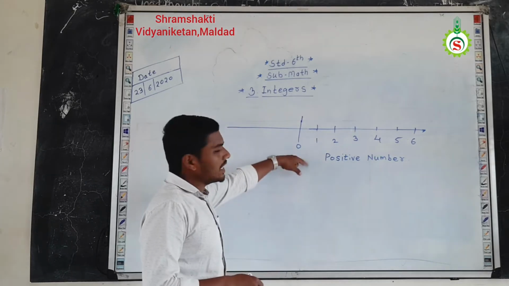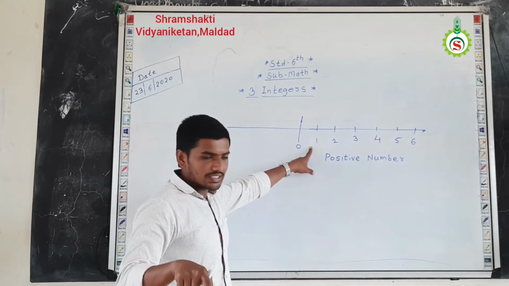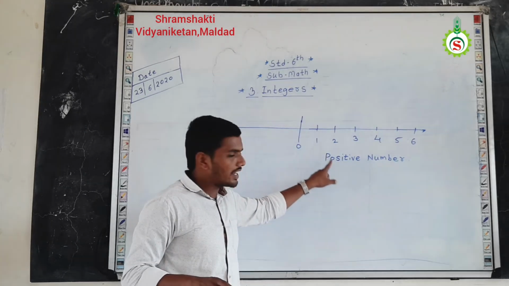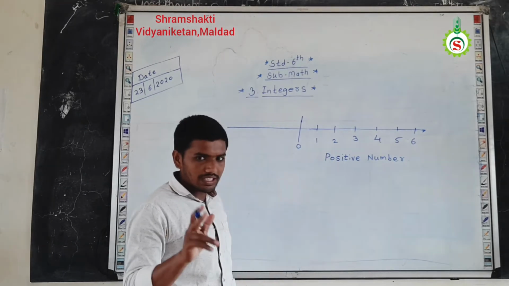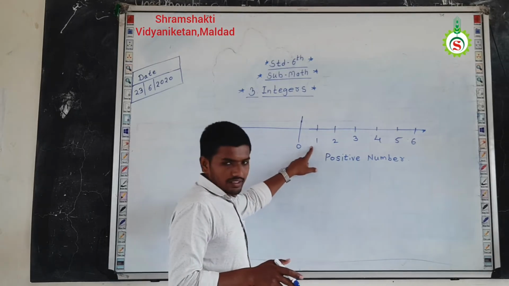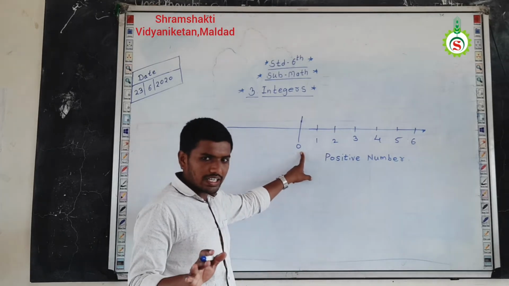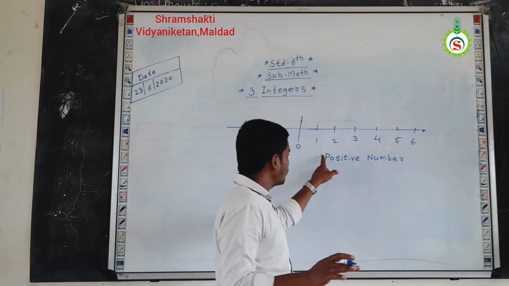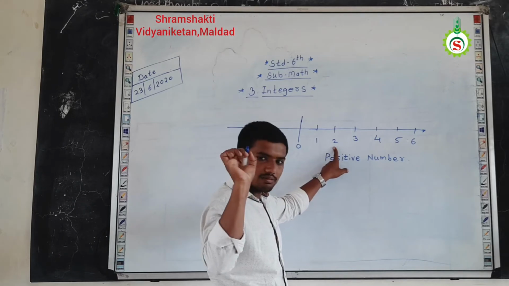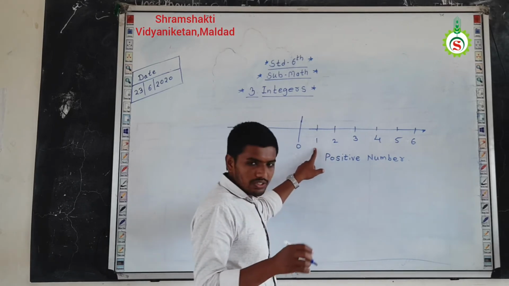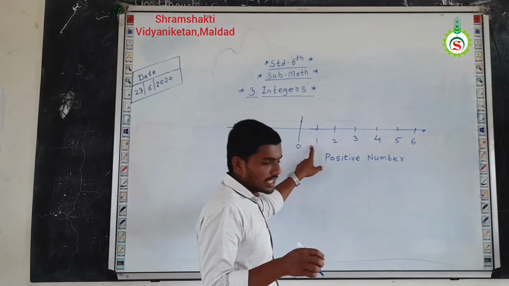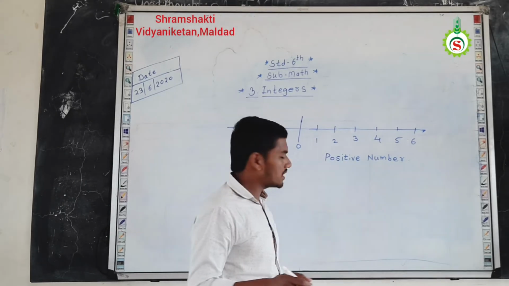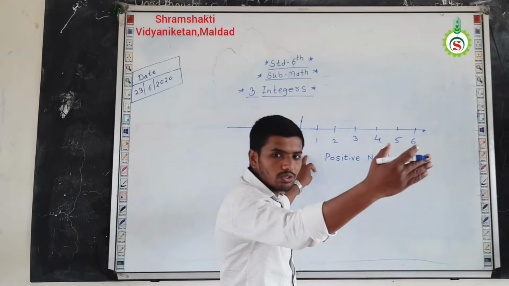And positive numbers start from 1. 0 is neither positive nor negative, 0 doesn't have any sign. The numbers start from 1 and can be extended up to any number. So positive numbers are numbers which have a plus sign or do not have any sign, and those numbers are above the 0.